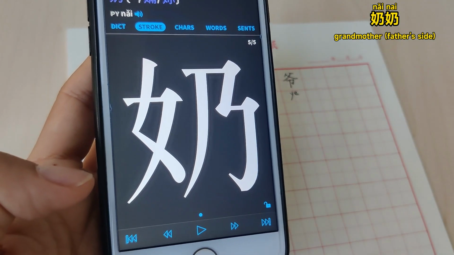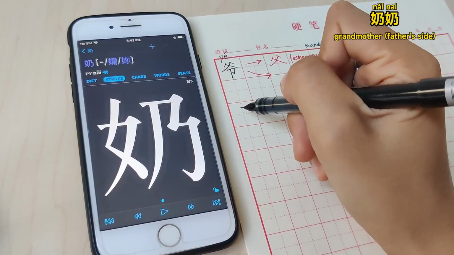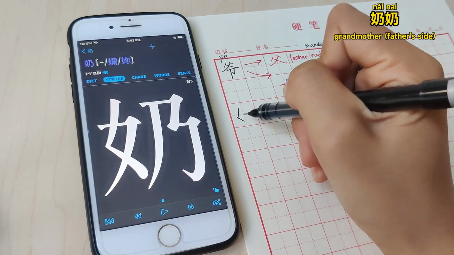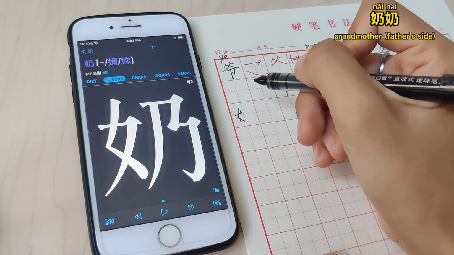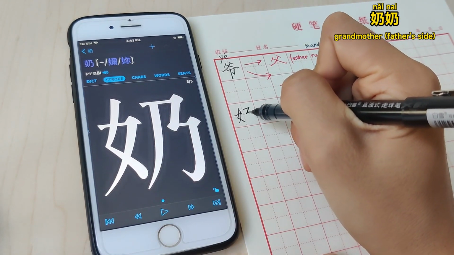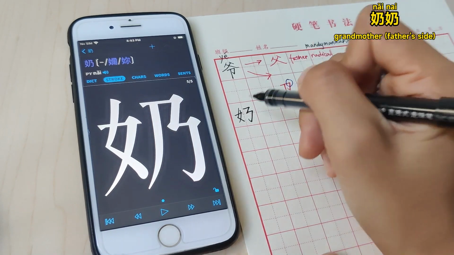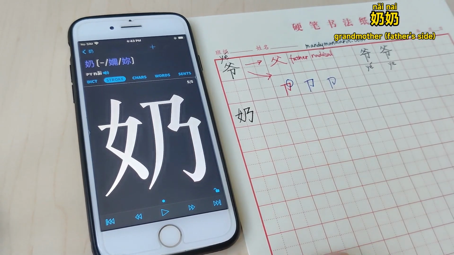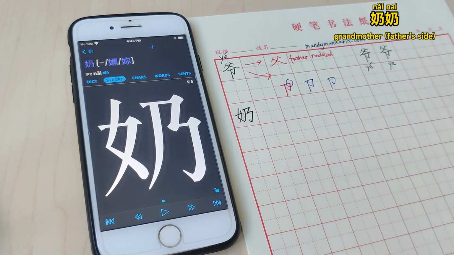And this is how we write the 奶. It's a left-right structure. On the left, 1, 2, and then on the right, we go 1. It's a very big stroke. 2. Very good.